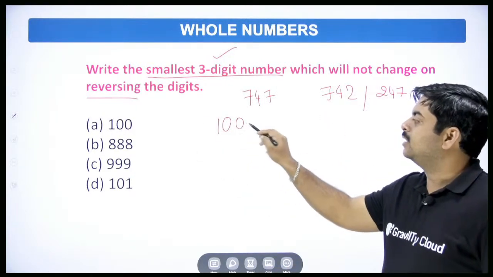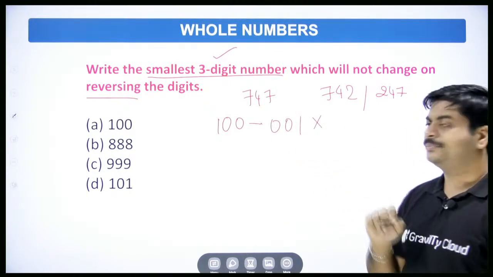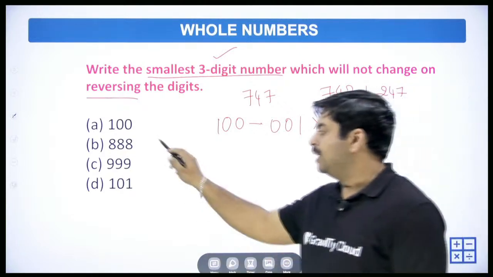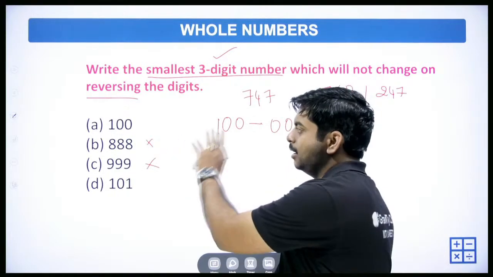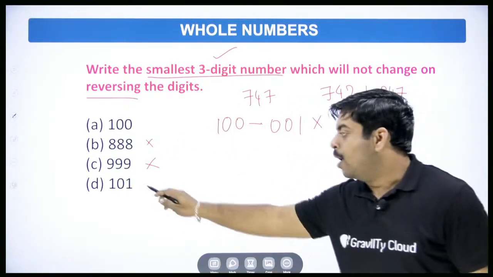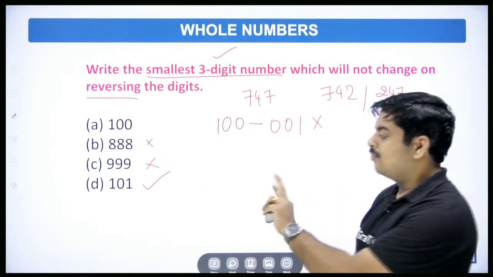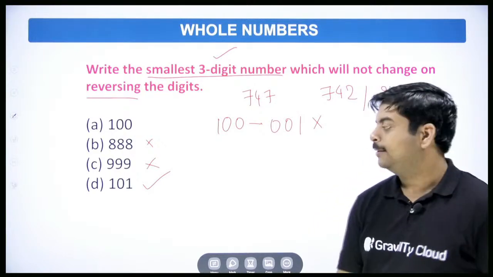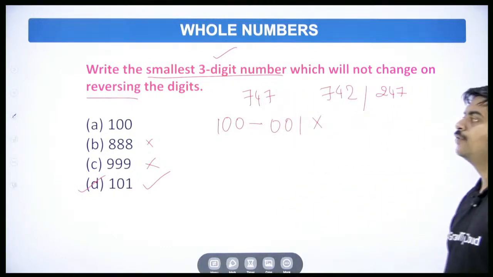If we reverse the digits, we'll get 001, which is not correct. 888 is not the correct answer. 999 obeys the reversal rule, but they are not the smallest 3-digit number. 101 becomes the smallest 3-digit number which, when we reverse the digits, does not change. Correct? So option D is the correct answer. Let's move to the next one.